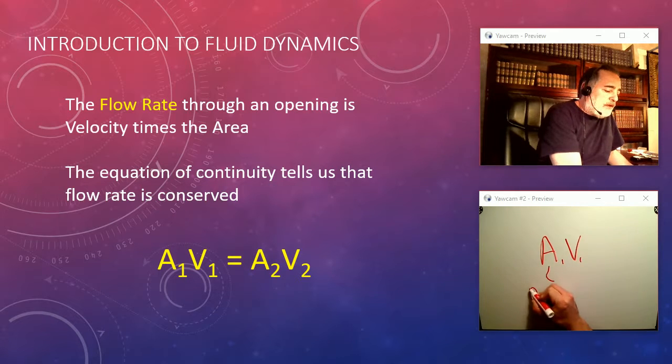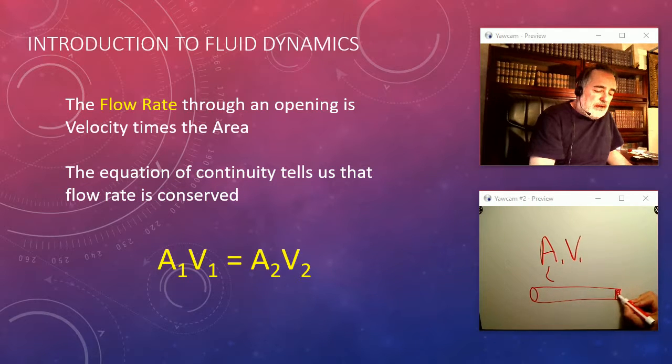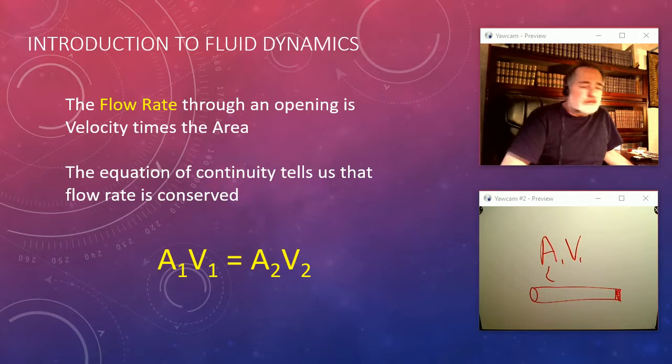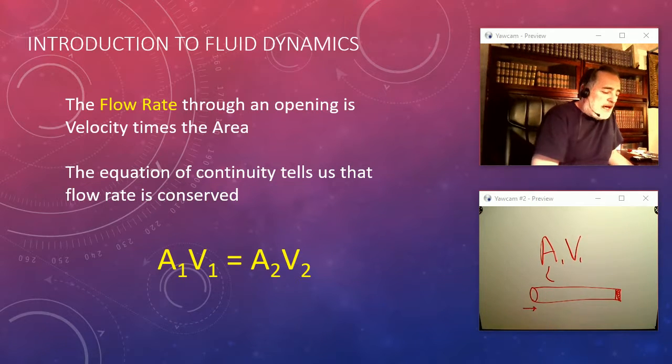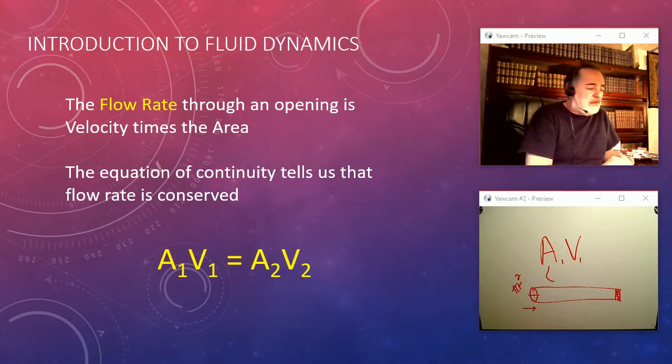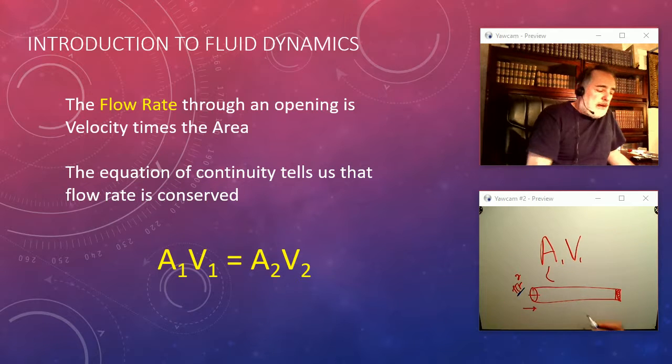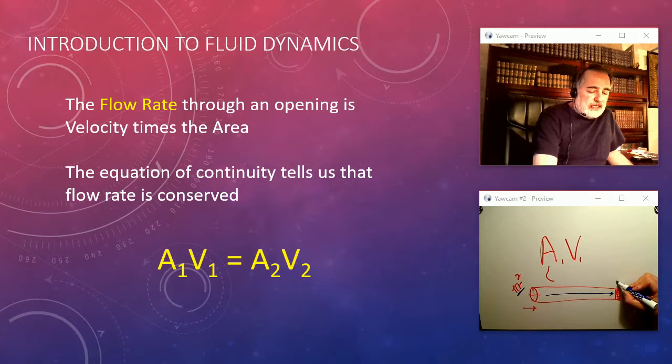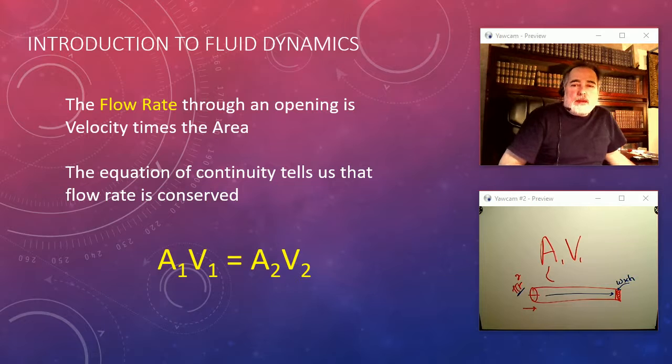Like if I'm flowing through a tube, let's say it's round at one end and square at the other, the flow rate in is based on this cross-sectional area, pi r squared, right? That cross-sectional area. Here, obviously, it's width times height, since it's square.